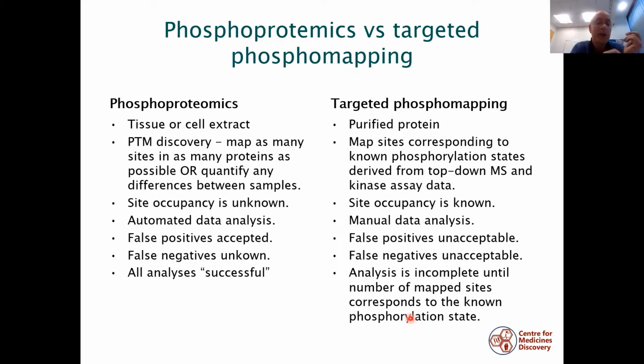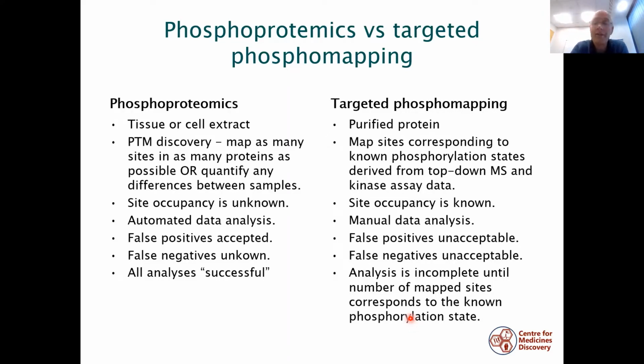In a proteomics context, there will be false positives. These are accepted, they're acknowledged in the false discovery rate. The number of false negatives in a proteomics experiment is not going to be known, but if you map any phosphorylation sites, your analysis is successful, and I put that in inverted commas. In a targeted approach, false positives are not acceptable.